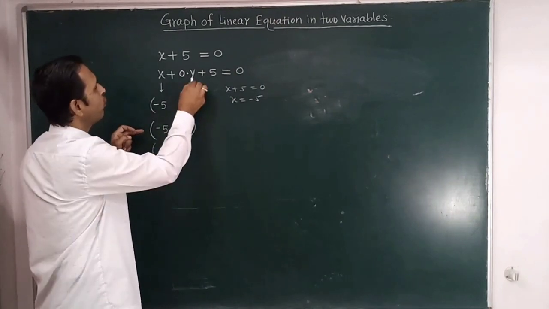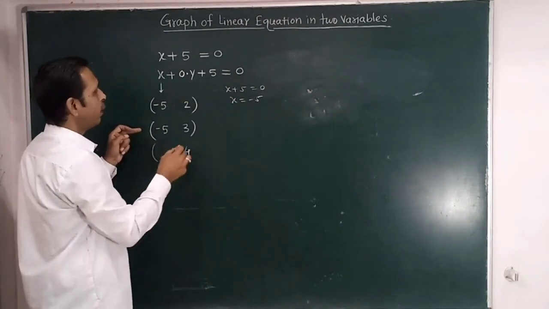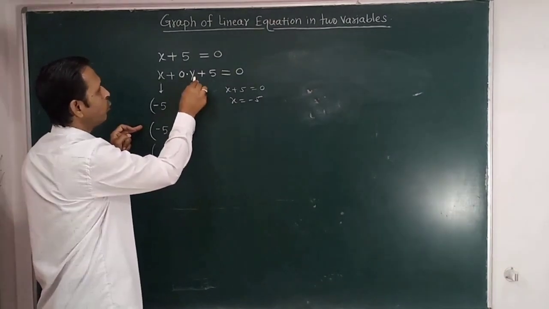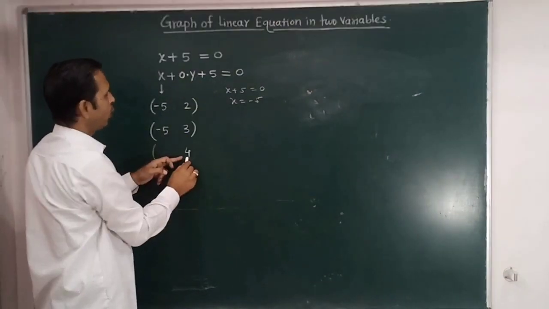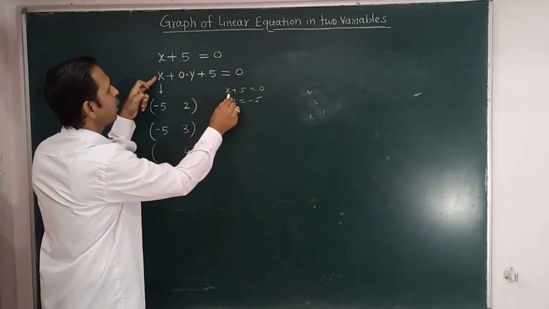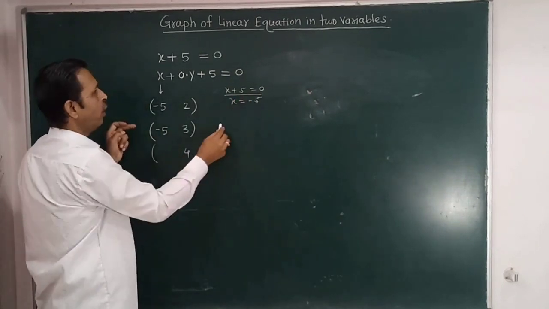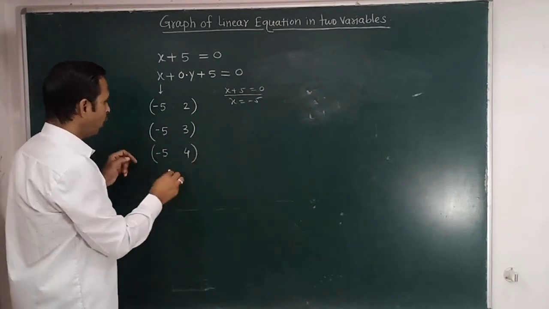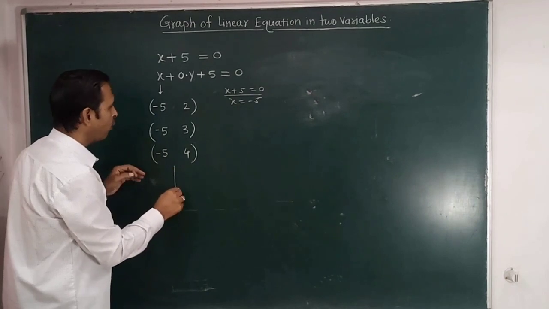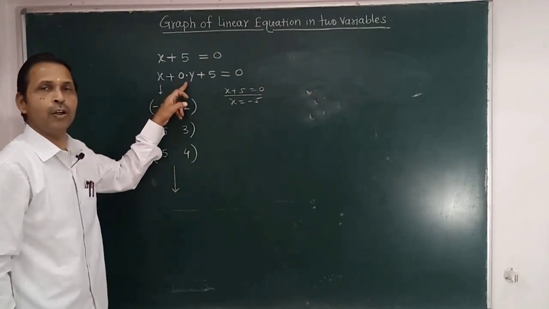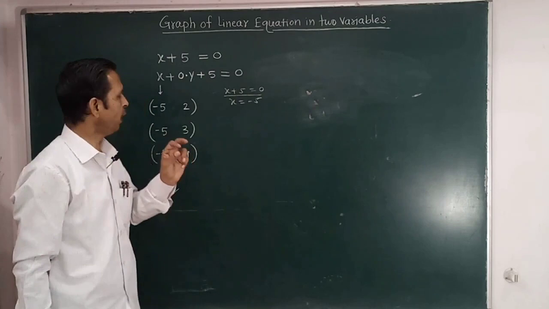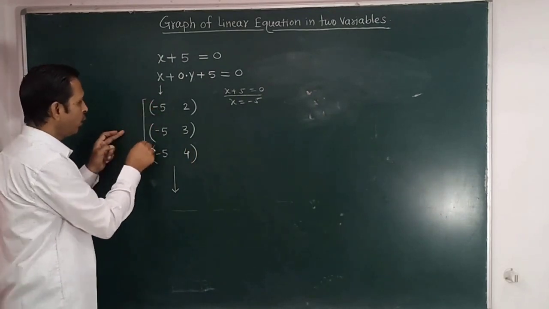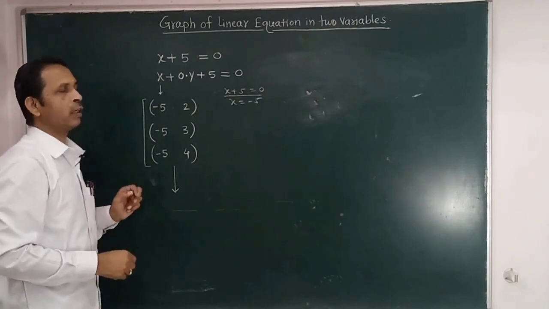Again if we put the value of y as 4, then 0 into 4 is 0 again, the equation becomes x plus 5, and the value of x is -5. If you put any value of y in this equation, we will get the value of x as -5. Now suppose we plot these 3 points on the graph.